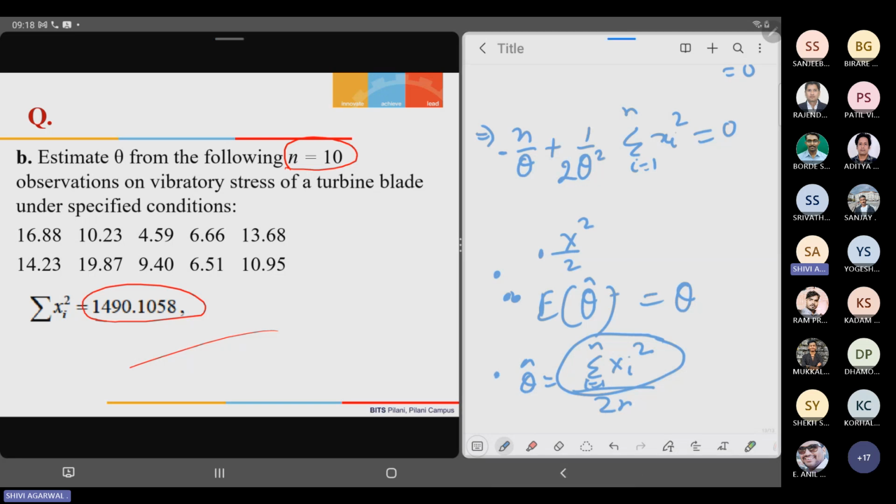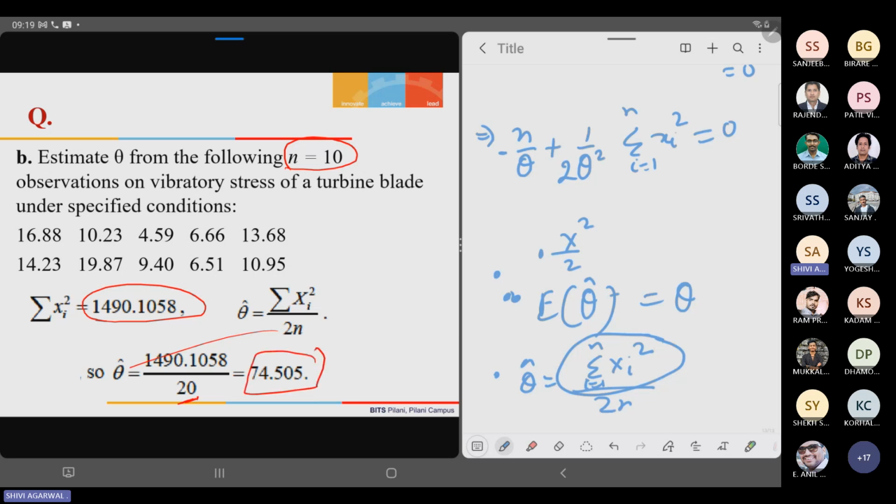So theta hat will become summation xi square upon 2n, n is equal to 10, so it will become 20, and this answer is what? 74.505. Okay, so here I am just also recalling the concept of the unbiased estimator, how to do this question.